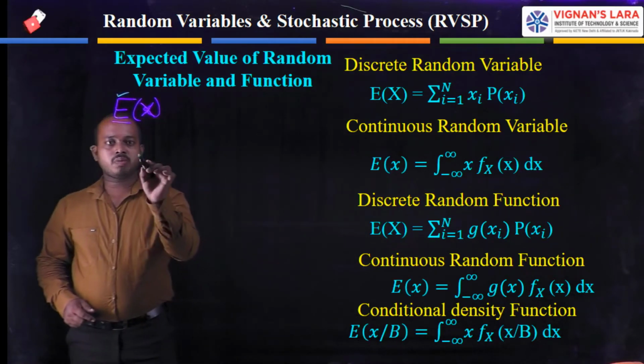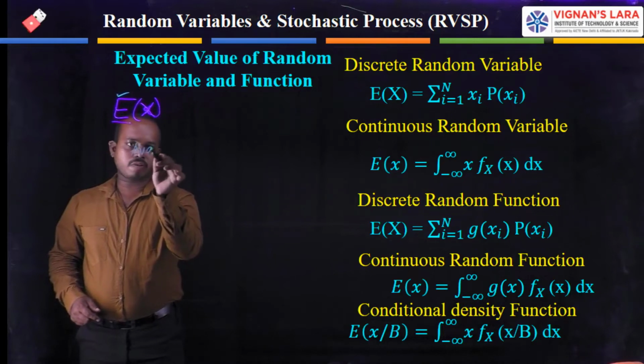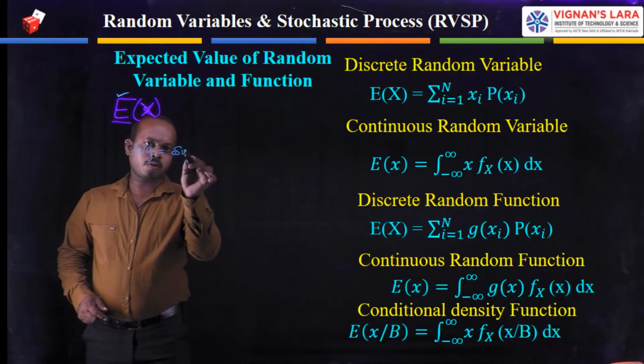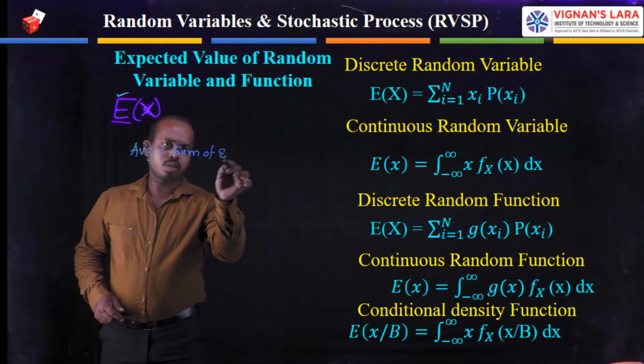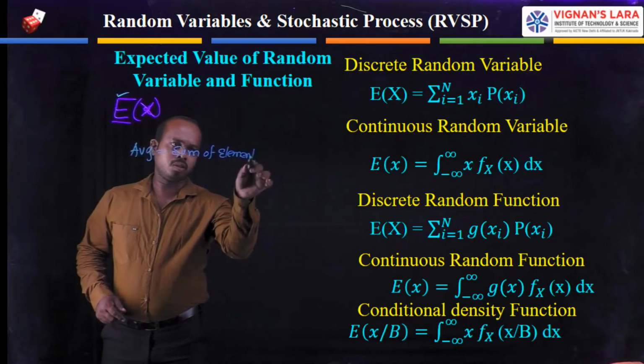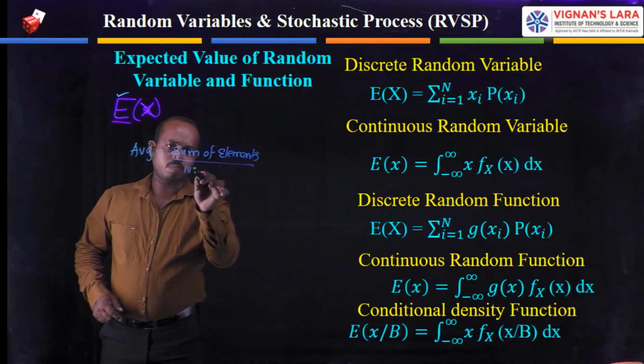Generally, the average is equal to the sum of elements divided by the number of elements.